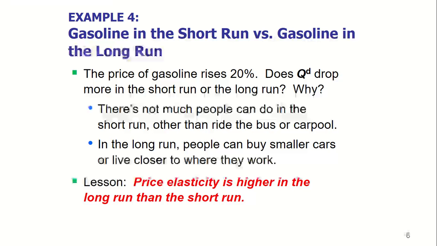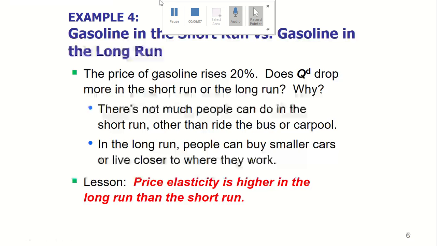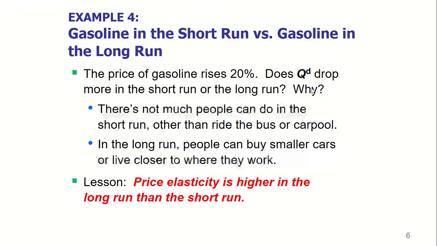Now comes example number 4. Gasoline in the short run versus gasoline in the long run. The price of gasoline rises 20%. Does quantity demanded drop more in the short run or the long run?